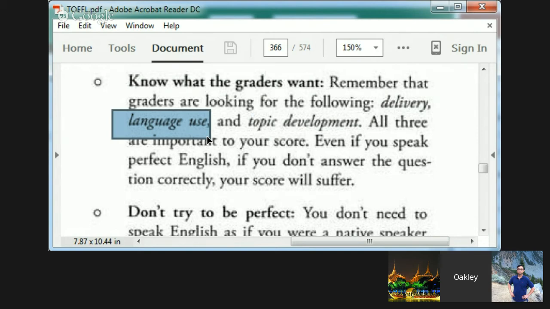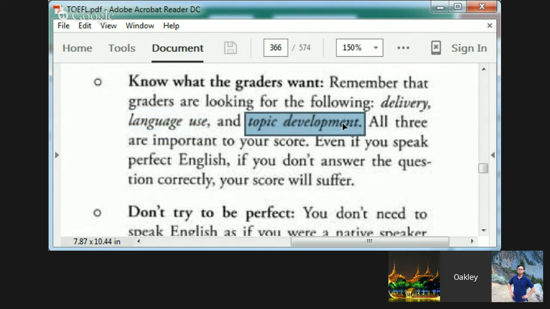It forces you to speak more complex grammar structures. So hey, definitely use those signal words and signal phrases because it helps in every area, including topic development.